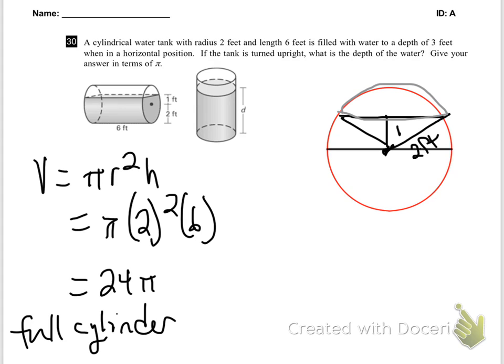That's what I'd like to think about us doing, and then subtracting from the area of the circle. Why is that relevant? Well, because the volume of a prism of any type is always the area of the base times the height. We have an abnormal base, but we could find the area of the missing part and subtract it from the area of the base.